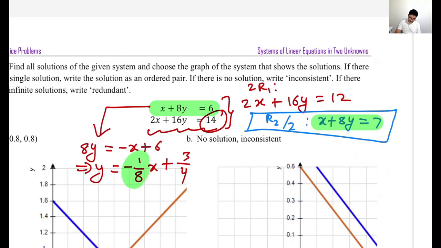In decimal, if that helps, that will be negative 0.125x plus 0.75. So I'm looking at my y-intercept to be 0.75 and the slope to be negative 0.125.